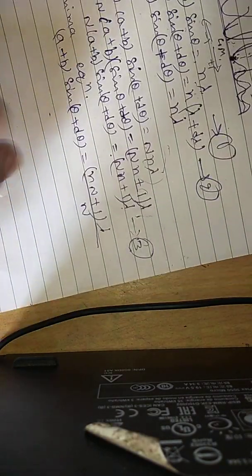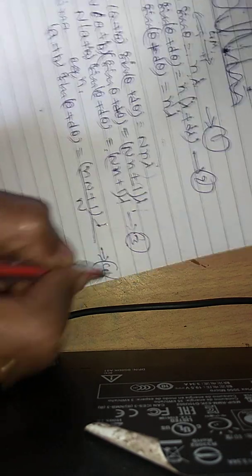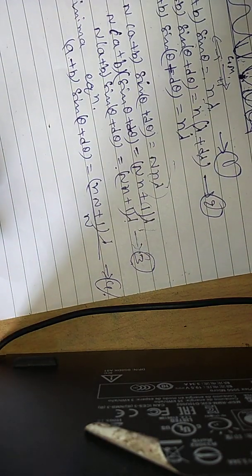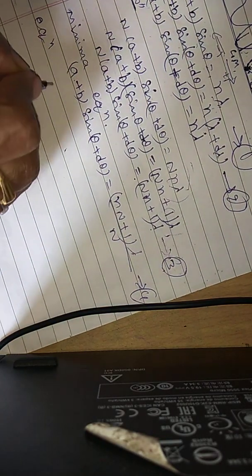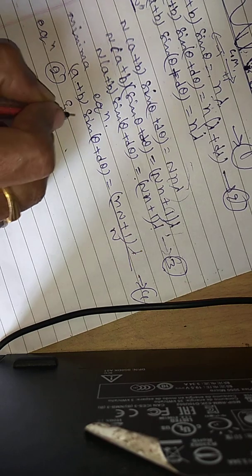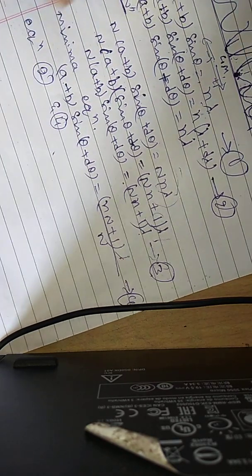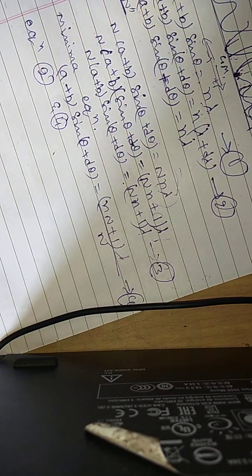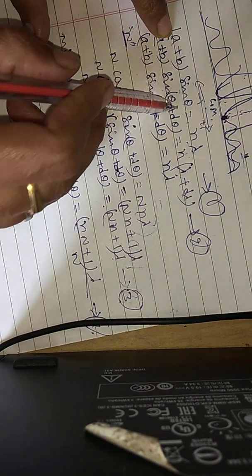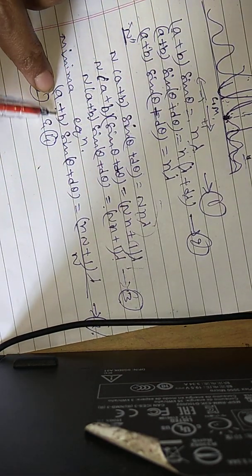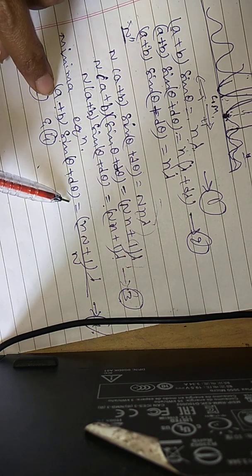So now this is equation 4. We can observe that equation 2 and 4 are similar to each other. Both have a plus b sin theta plus d theta.